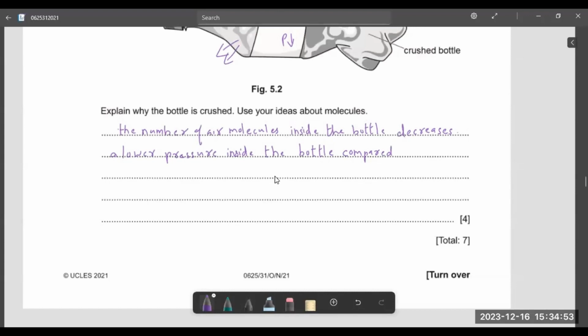So outside the pressure will be more compared to the inside pressure. Higher pressure in the surrounding atmosphere.